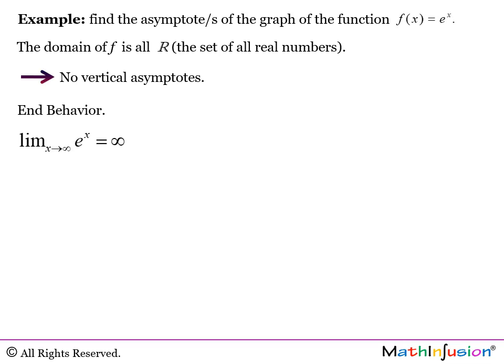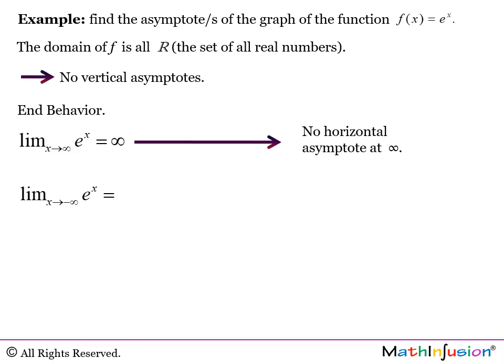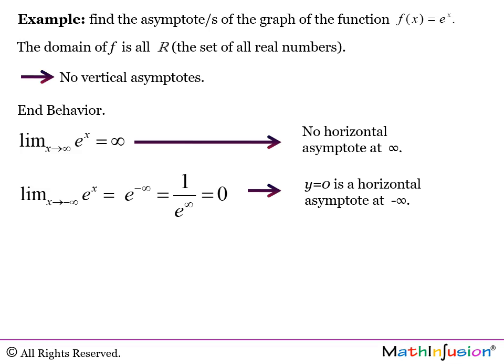We know already that the limit of e to the x when x approaches infinity is infinity, which means that at infinity there is no horizontal asymptote. But the limit of e to the x when x approaches negative infinity is 0, because this is like e to the negative infinity, which is 1 over e to infinity, which is 1 over huge. So y equals 0 is a horizontal asymptote, but only at negative infinity.